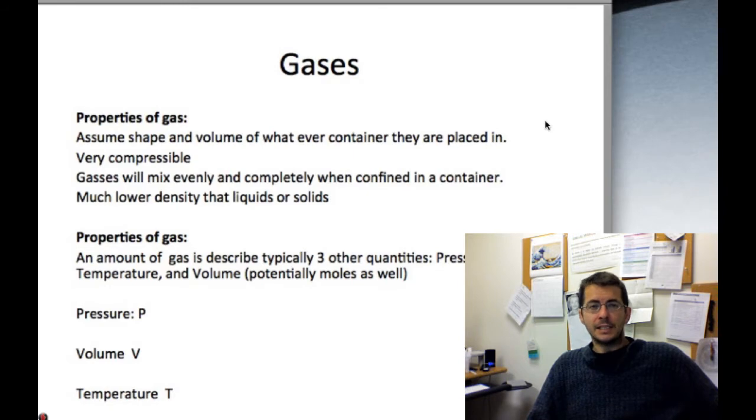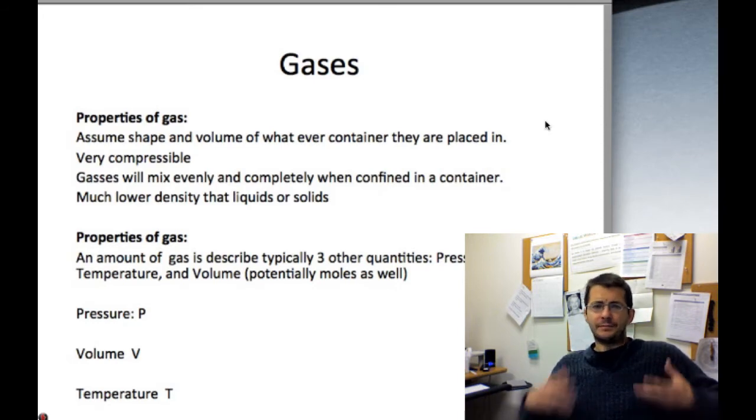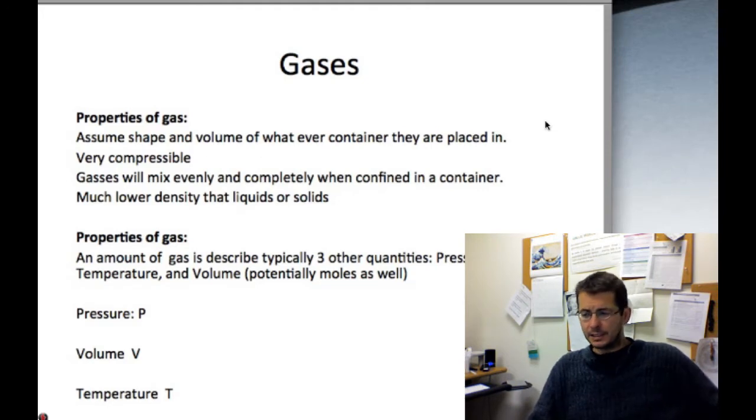Another property is that gases mix very evenly, and so it allows for rapid reaction. One of the benefits of solutions was that mixing is quite easy, and in gases the mixing is even greater. In fact, if I splash on some cologne and I walk into the classroom, you can smell me all the way to the other side of the room, hopefully the cologne.